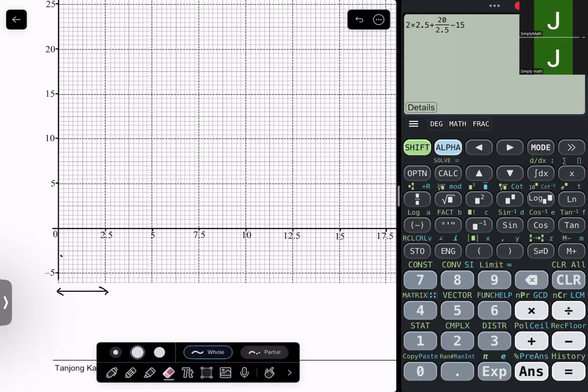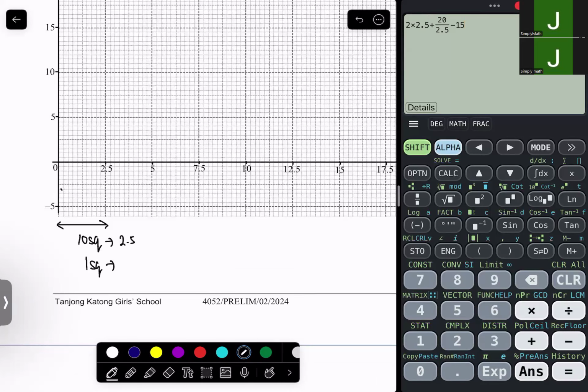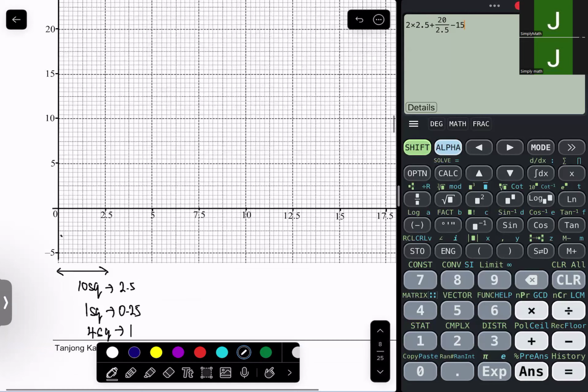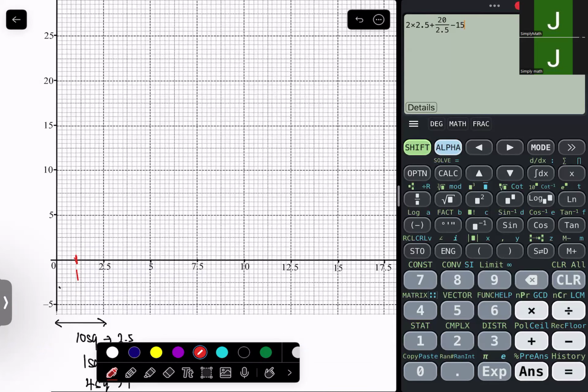This is 10 squares, and 10 squares equals 2.5, which means 1 square is 0.25. To get 1, I need 4 squares for every 1. So this is 1, 2, 3, 4. This is 1, right? So when x equals 1, y equals 7.